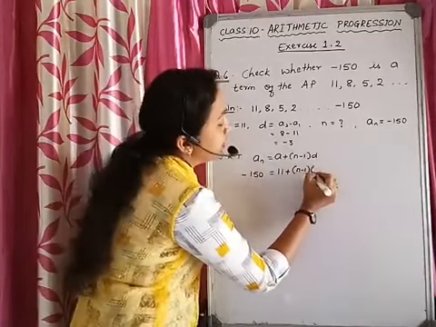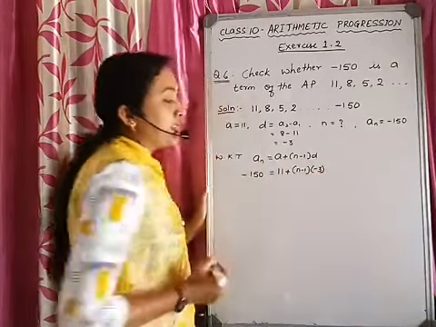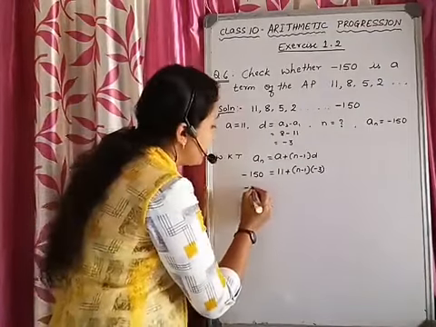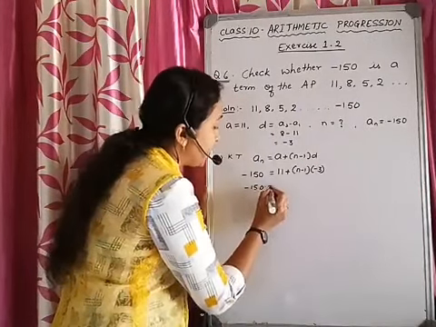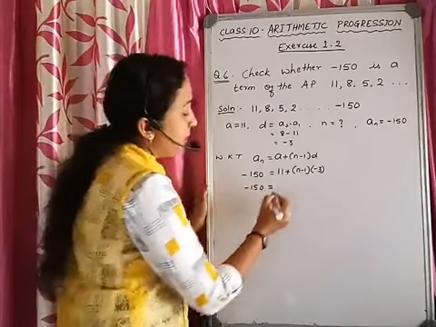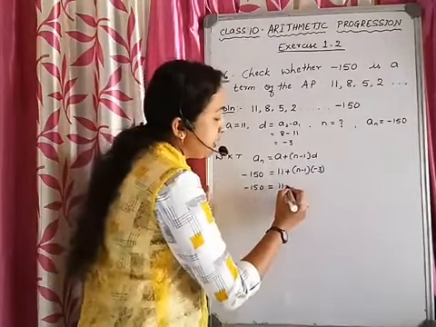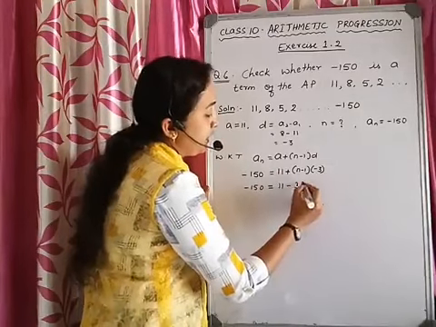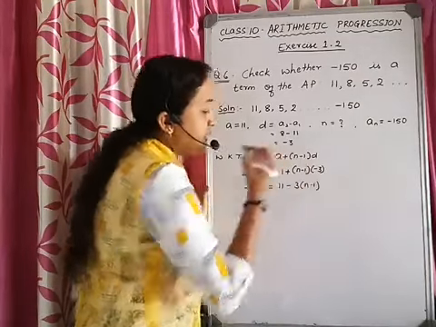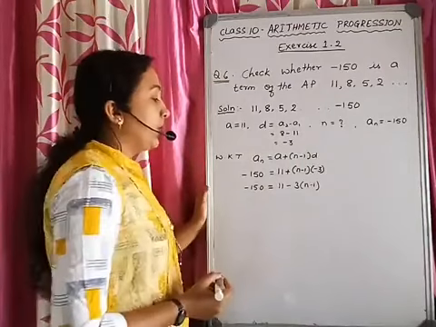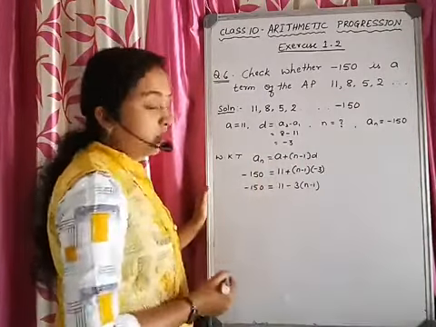We know d, which is minus 3. So let us simplify the equation. So minus 150 is equal to 11 plus minus 3 into n minus 1. Right children? Okay. So let us rearrange the equation.